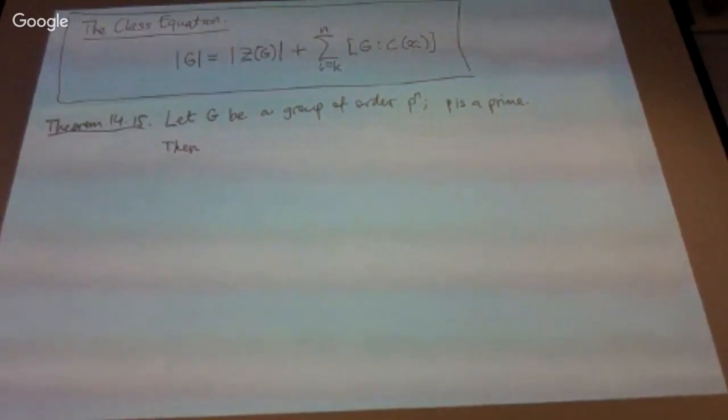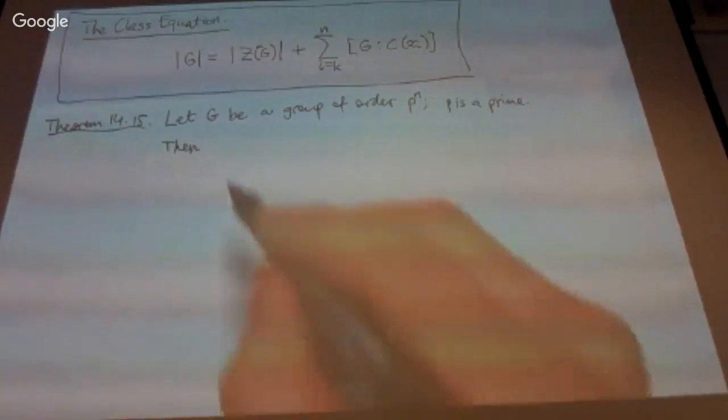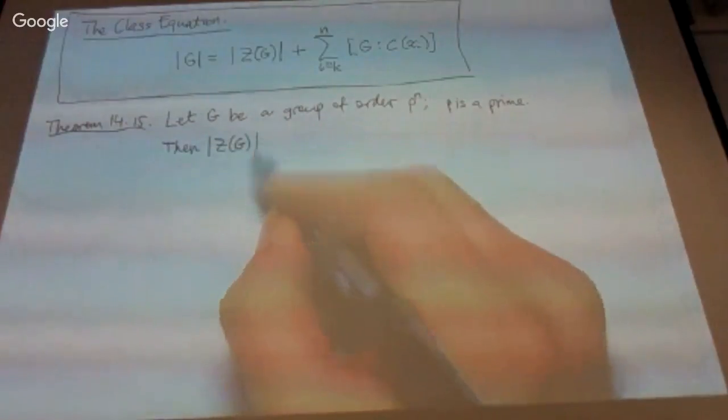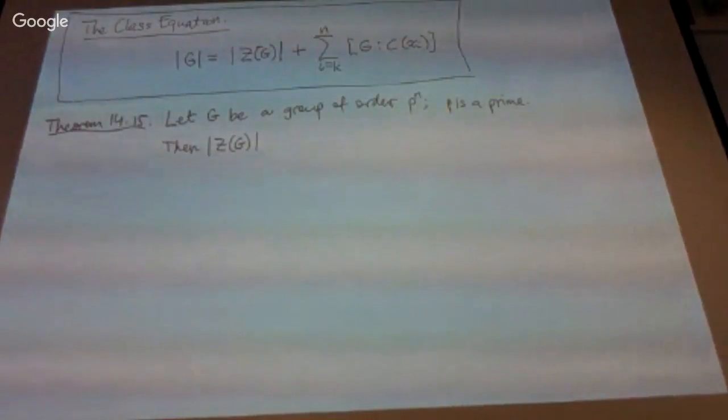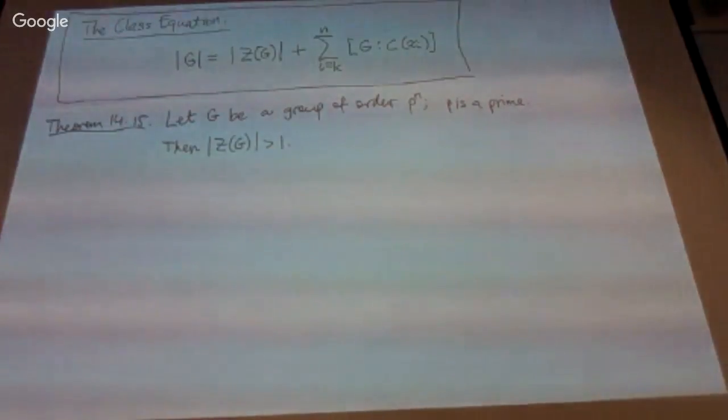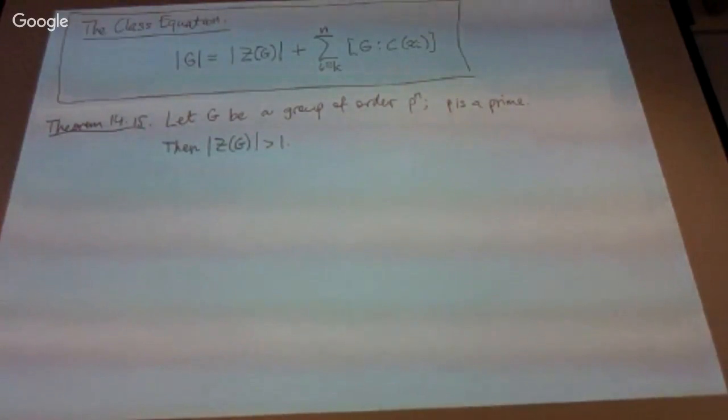So we have a group of prime power order, and it has more things in the center than one.